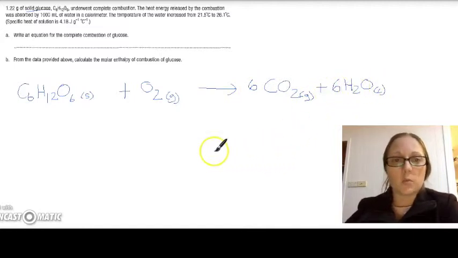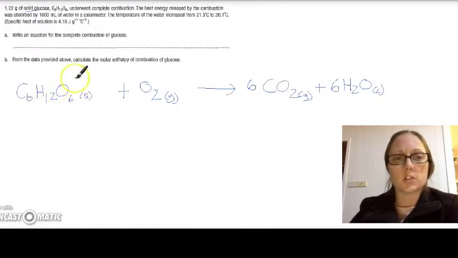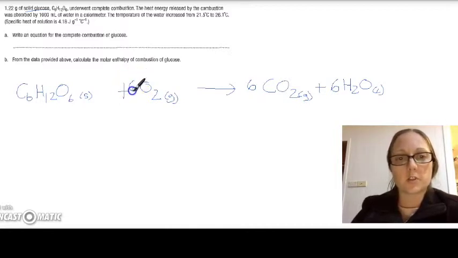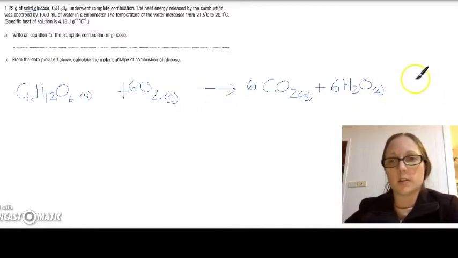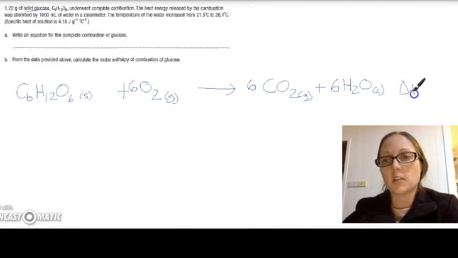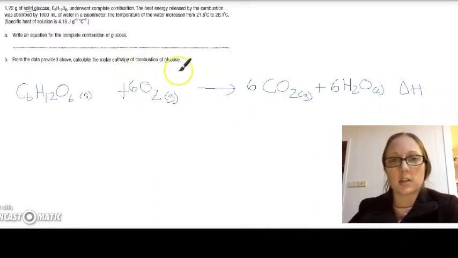So let's see how many we've got. We have 6 oxygens here, and we're going to need another 12. So to do that, we'll just put a 6 in front of the oxygen, and now we have a balanced equation. There's 3 of our 4 marks. We need to have the delta H symbol here to get our 4th mark, but to do that, we actually need to calculate it. So let's go through and do that now.